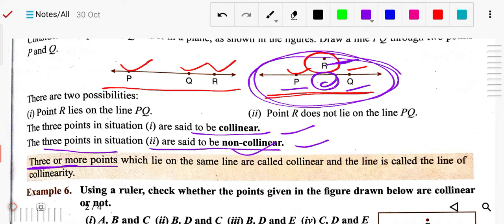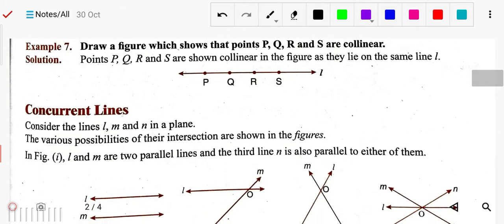For being collinear, there should be at least 3 points. More than 3 points is okay, but there should be at least 3 points. So 3 or more points which lie on the same line are called collinear, and the line is called the line of collinearity.